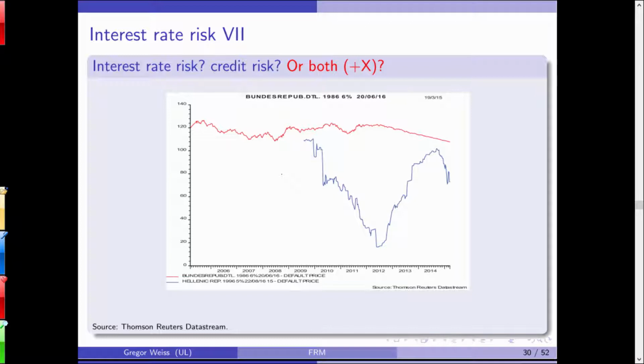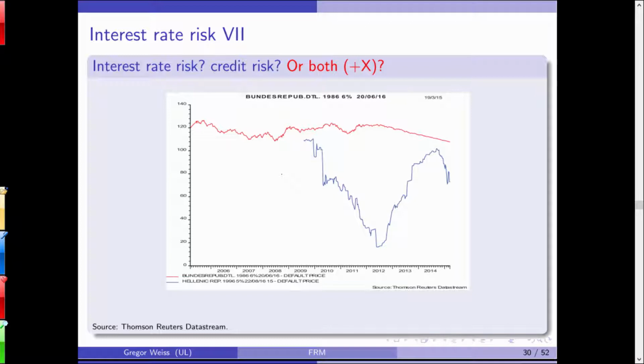I would assume that at this point, everyone tried to buy German bonds. We had zero interest rate policy by central banks, and as you probably know, many pension funds, insurance companies, and asset managers usually look at government bonds to include in their portfolios as risk-free or virtually risk-free investments.